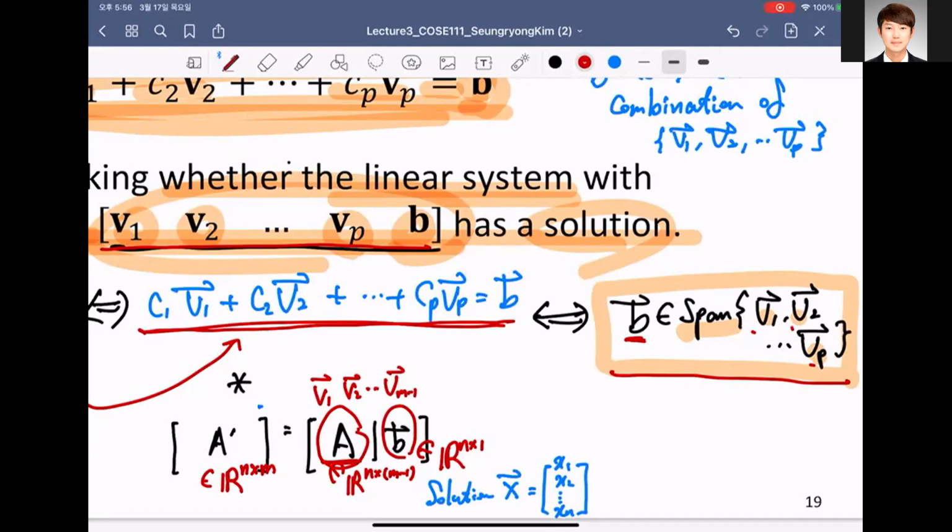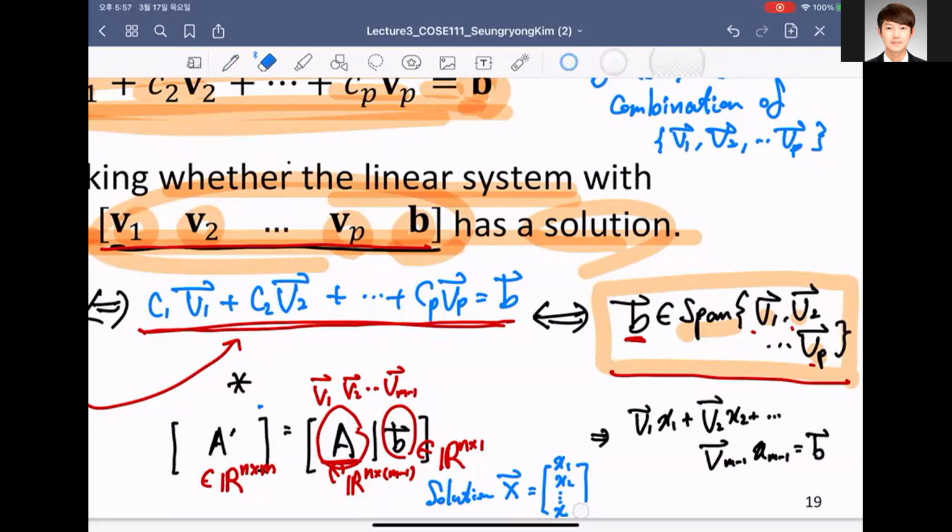Then our linear system can be represented by v1 x1 plus v2 x2 plus blah blah plus v m minus 1 x m minus 1 is equal to vector b.